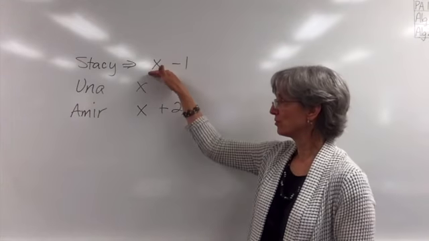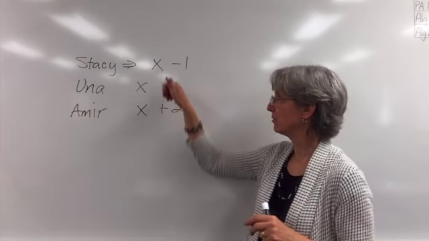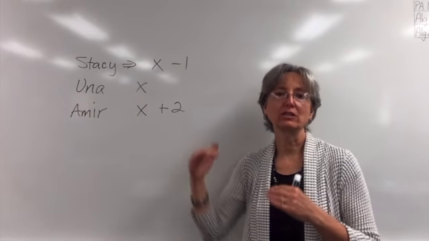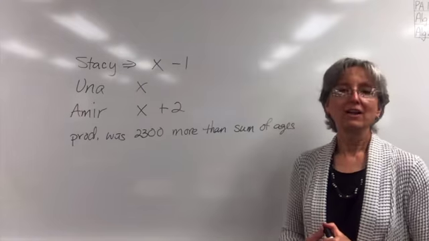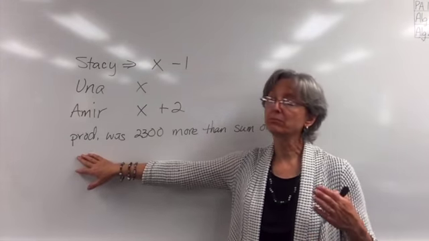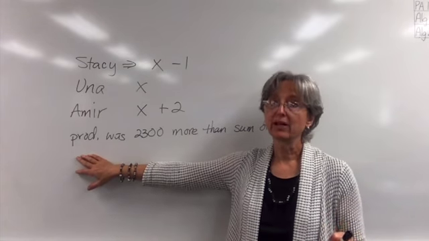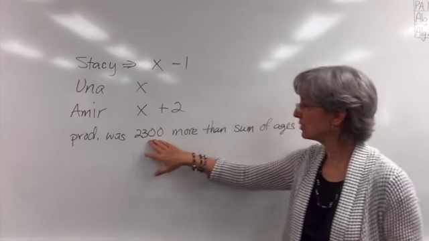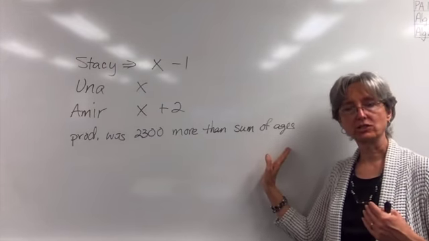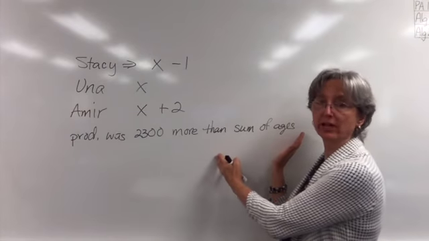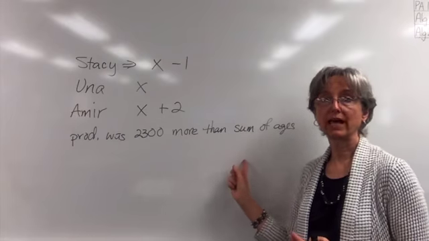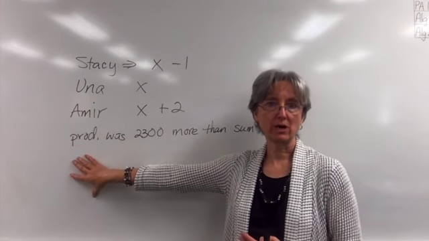Now, just like we did with that box before, we have all 3 of their ages and how they relate to each other in terms of X. We are told that the product of their ages, remember the product is the answer when you multiply, was 2,300 more than the sum of their ages. So if we add their ages together and add 2,300 to that, it will be the same as their product.